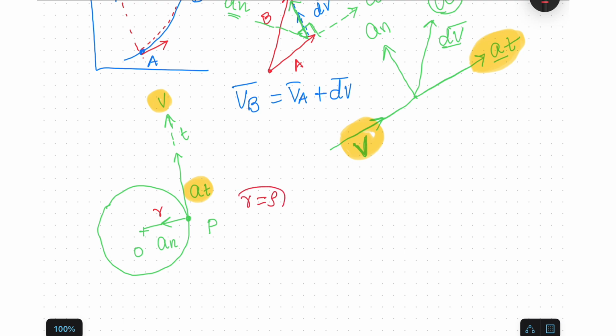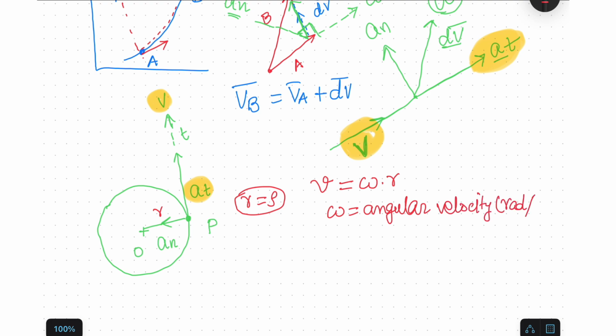We can use them interchangeably. So in this case we can write the velocity of point P is equal to omega cross r. Omega is the angular velocity, and radian per second is its unit.